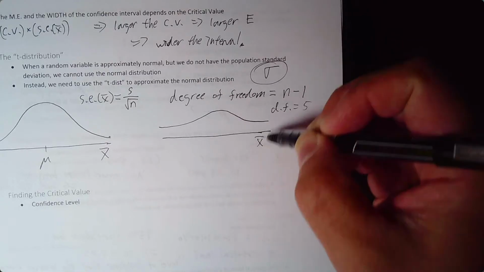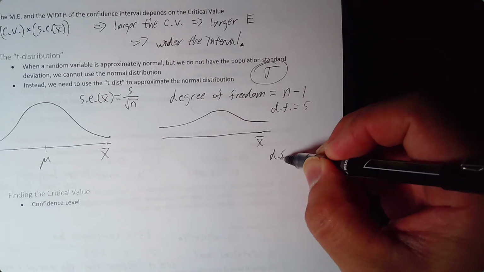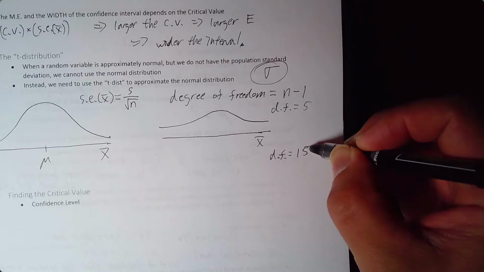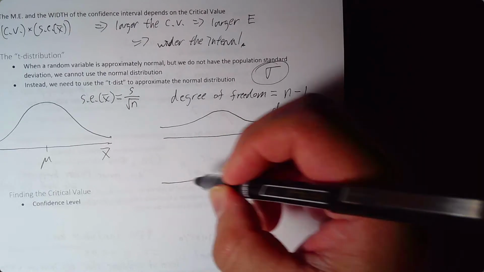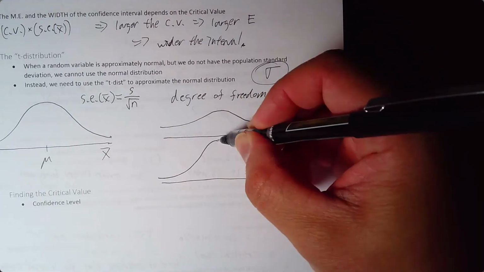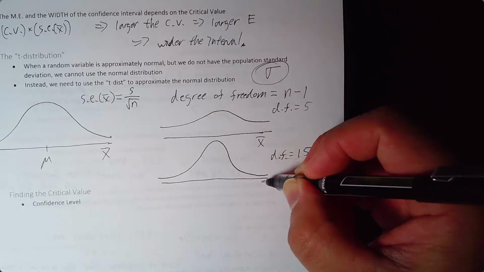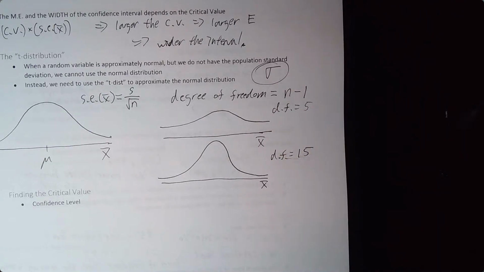However, if the degree of freedom equals 15, now it becomes closer to a normal distribution. And in fact, as the degree of freedom gets higher and higher, the t distribution becomes closer and closer to a normal distribution.